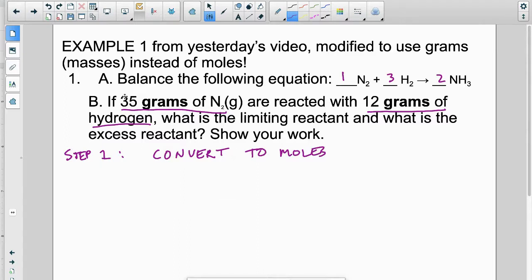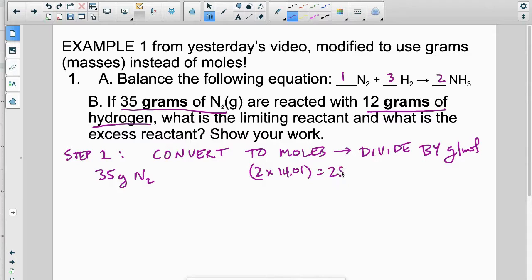So step 1, we're going to change our 35 grams of N2. Recall that to convert to moles, we divide by the molar mass, our grams per mole. For N2, our molar mass is going to be 2 times the molar mass of nitrogen, which is 14.01.